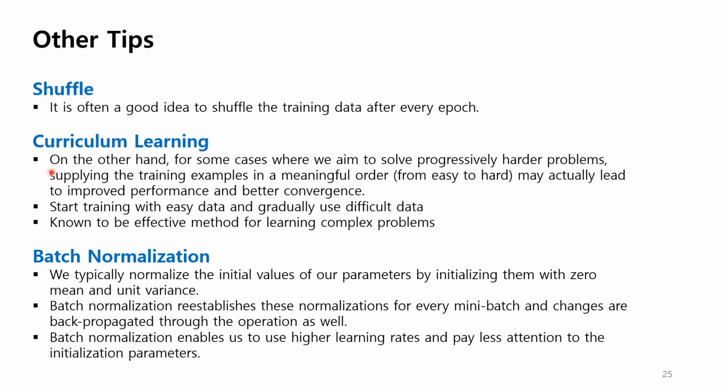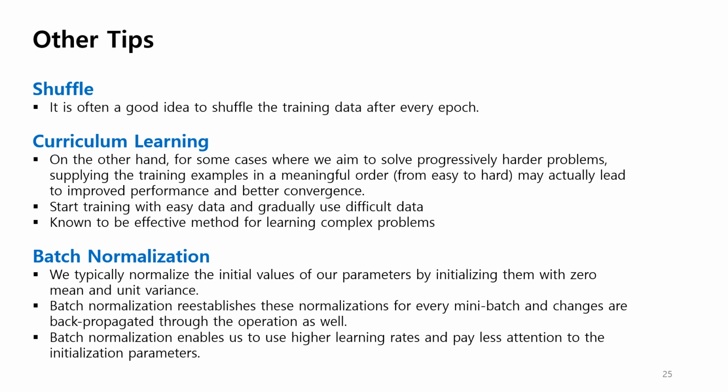And actually this method, curriculum learning, is known to be very effective when you learn very complex problems. So this one is a very effective method. When you try to attack very complex problems, it is a good idea to use curriculum learning instead of shuffling, okay? Finally, the idea of batch normalization is, suppose you use the mini batch method.